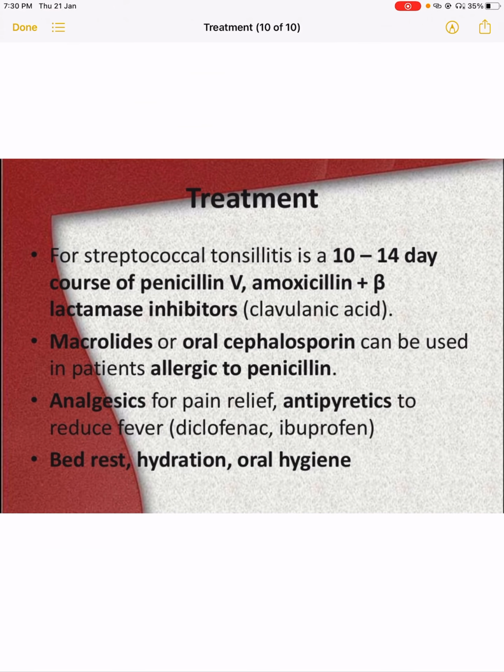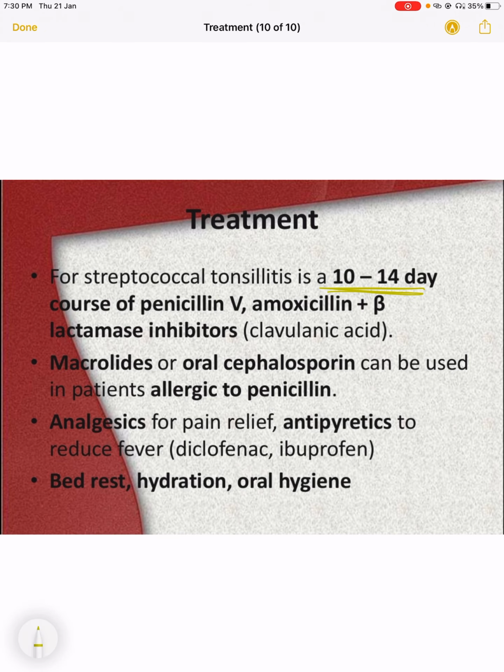Then I have already told about the treatment. As it is a streptococcal infection, you should give a penicillin group of drug for at least 10 to 14 days. You can give amoxicillin, you can give penicillin V, a beta-lactamase inhibitor also you can give, but mostly the drug of choice is amoxicillin. Amoxicillin, again I am telling, 40 mg per kg body weight.